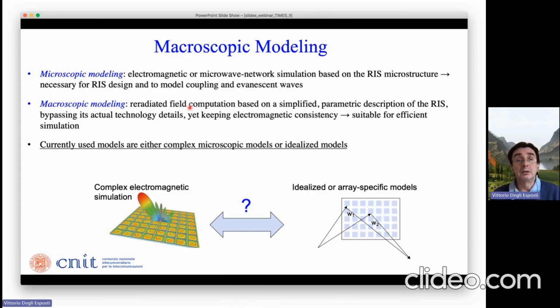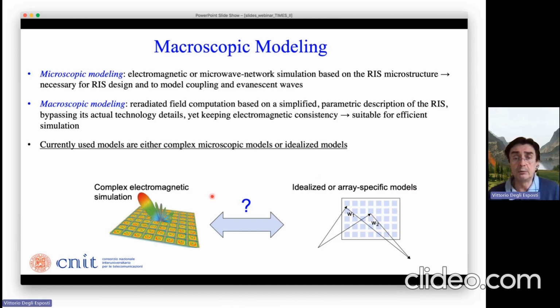Unfortunately, current models are either complex microscopic models, such as electromagnetic simulation, or idealized simplified models, such as, for example, the scattering matrix model, where each element is thought as independent of each other and represented with a simple complex weight, neglecting many parasitic effects and problems.